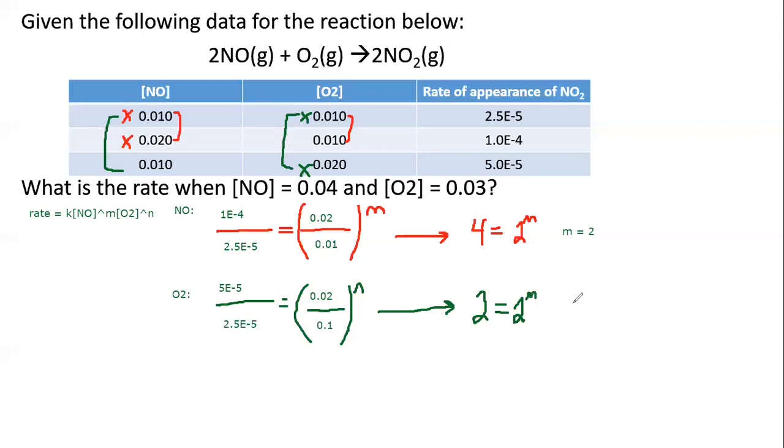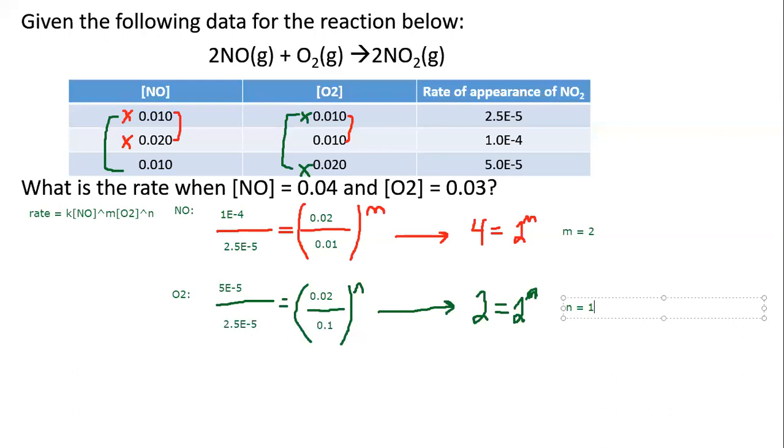So now you have to ask yourself, what power can I raise 2 to get 2? And the answer is 1. So in this reaction, O2 is first order, whereas NO is second order.